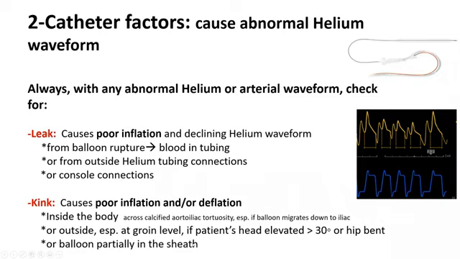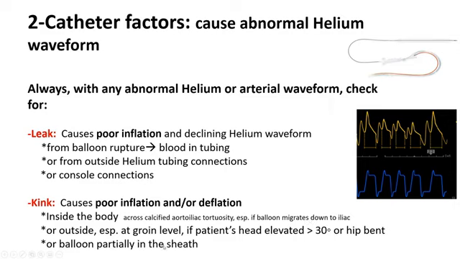Probably the most common kink I've seen is outside the body at the groin level. If you make somebody with a balloon pump sit up, the balloon kinks at the groin level. That's why we should always keep the patient with a transfemoral balloon pump flat at all times. Another reason for kink is the balloon pump is still in the sheath. So it's not just in the iliac, it's even in the sheath.